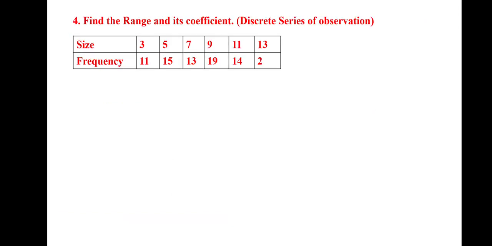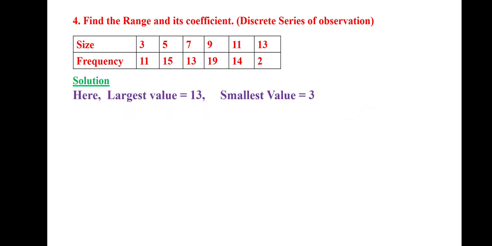Then another problem. Here the x values are size and the f values are frequency. We consider only the x value. Largest value of x is 13. Smallest value of x is 3. So range is L minus S, 13 minus 3, so range equals 10.